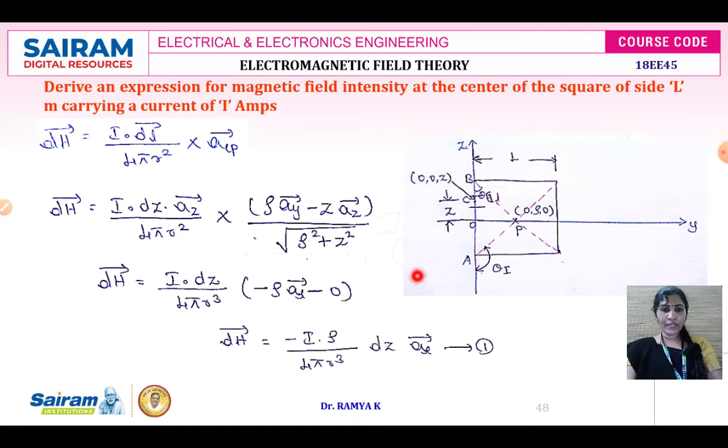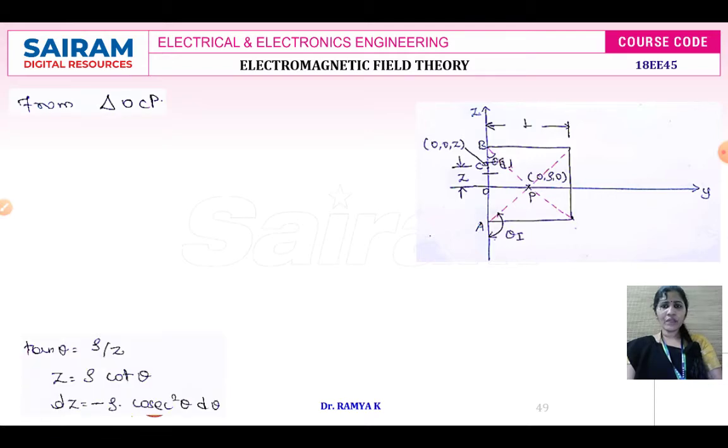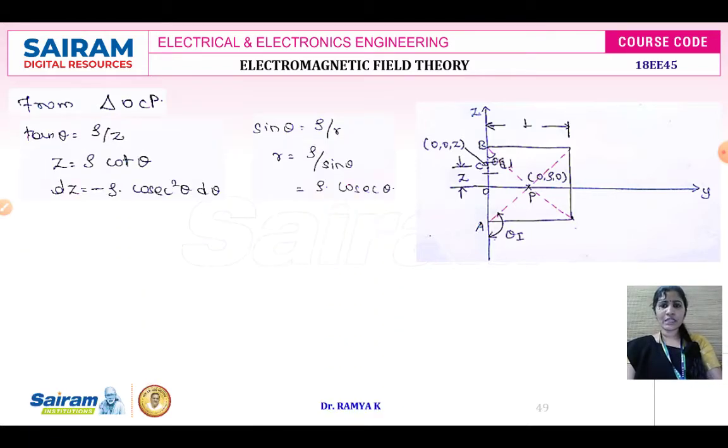Therefore, we have to replace the values of r and dz in terms of a varying quantity, which we can identify from the triangle OBP, using tan theta and sin theta. After identifying, we got dz equal to minus rho cosecant square theta d theta, and from the same triangle, if you apply sin theta, you will get small r equal to rho cosecant theta. Substitute the values of dz and r in the previous equation.